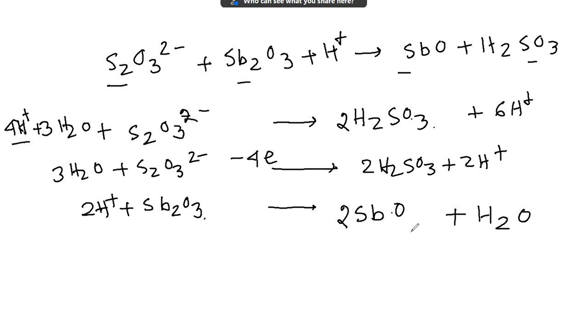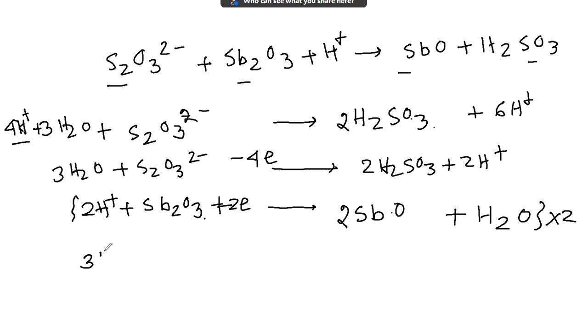Now we have to balance the charge. In this case left hand charge is +2, right hand side charge is 0. It's possible by accepting 2 electrons. Oxidation number decreases, +2 to 0 is possible by accepting 2 electrons. Number of electrons accepted and rejected are same, so multiply this by 2 and add it.